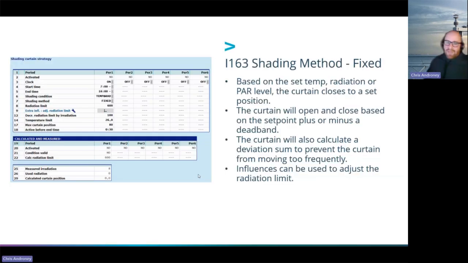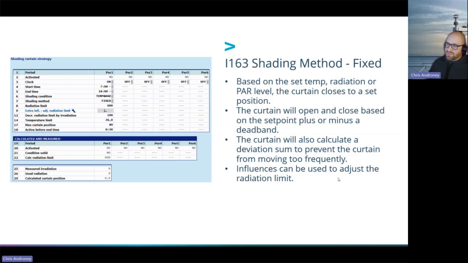If we look at the first method, which is going to be fixed, we can set the curtain to operate on a fixed shading method. So based on the set temperature, radiation, or PAR level, the curtain closes to a set position. The curtain will open and close based on the set point, plus or minus a deadband. The curtain will also calculate a deviation sum to prevent the curtain from moving too frequently.